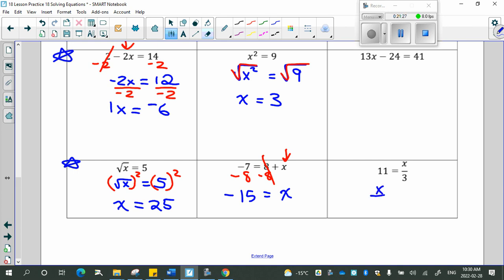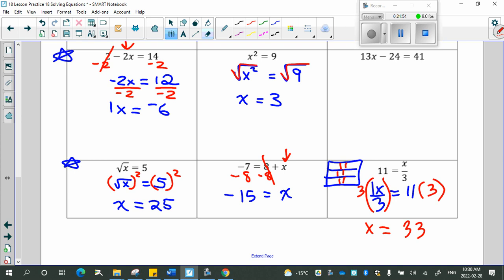This one, I saw a lot of people turning it around like this, which was fine. I like to think of this one with the picture. So a third of x, or x over 3, has 11 in it. So we know already that a whole x is going to have 33 in it. How do we show it algebraically? You show multiplying both sides by 3.